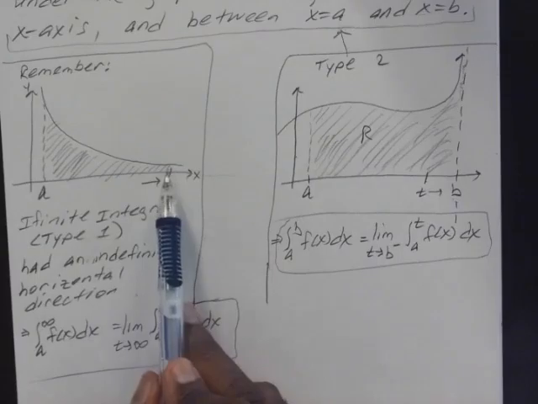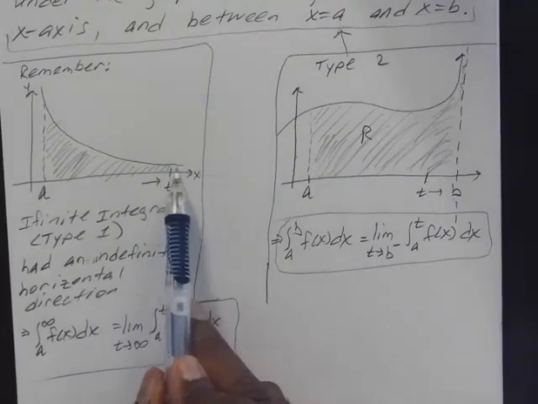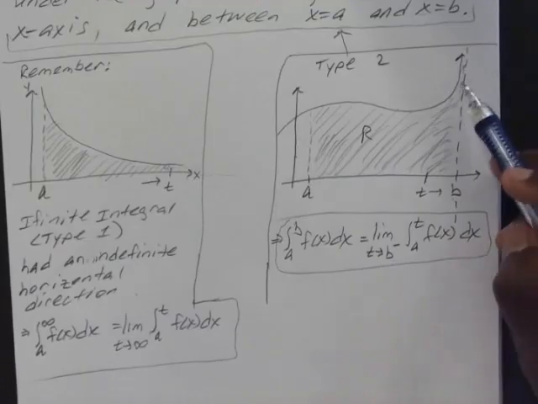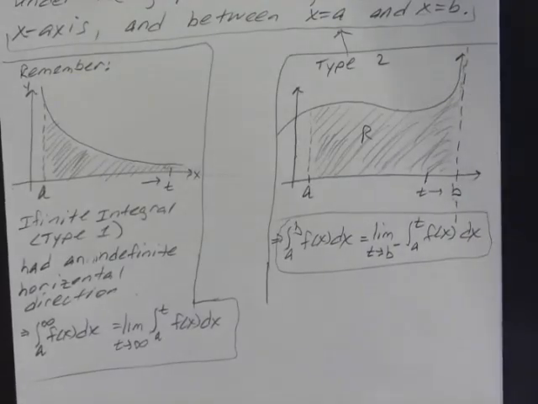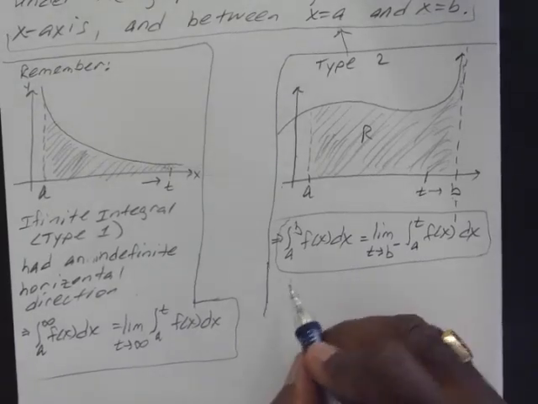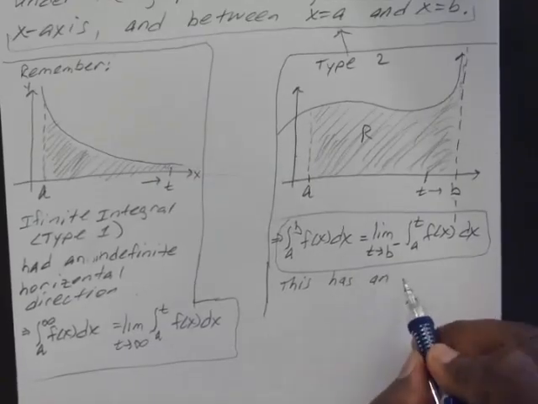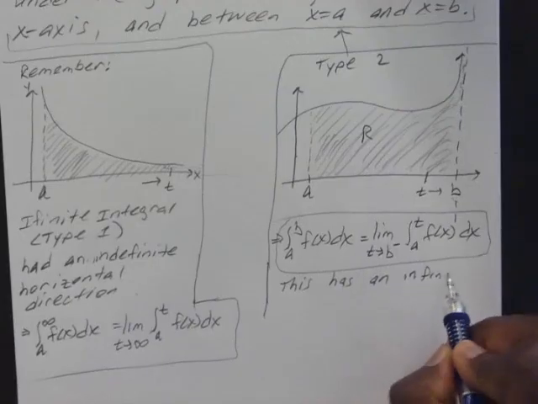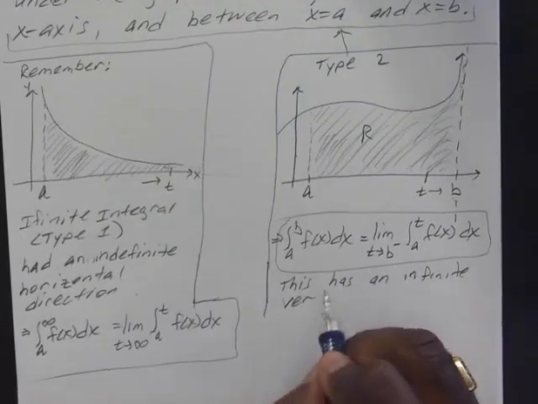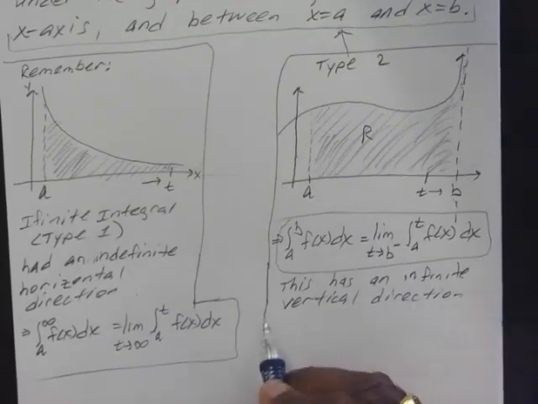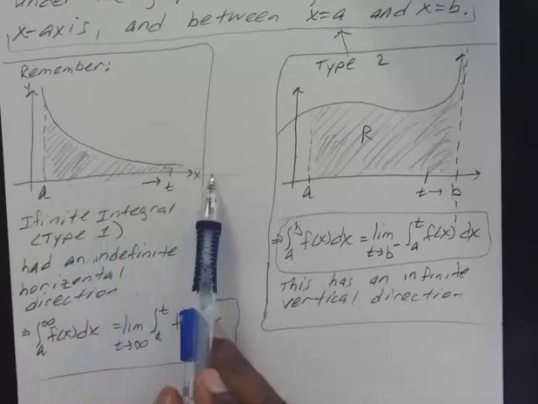Now, this one has a vertical infinite direction, where the other one had an infinite horizontal direction.